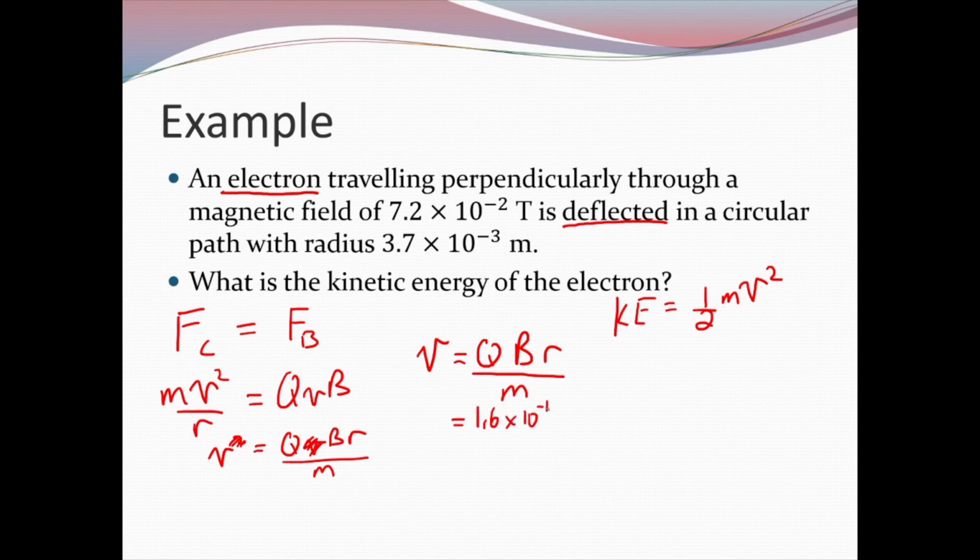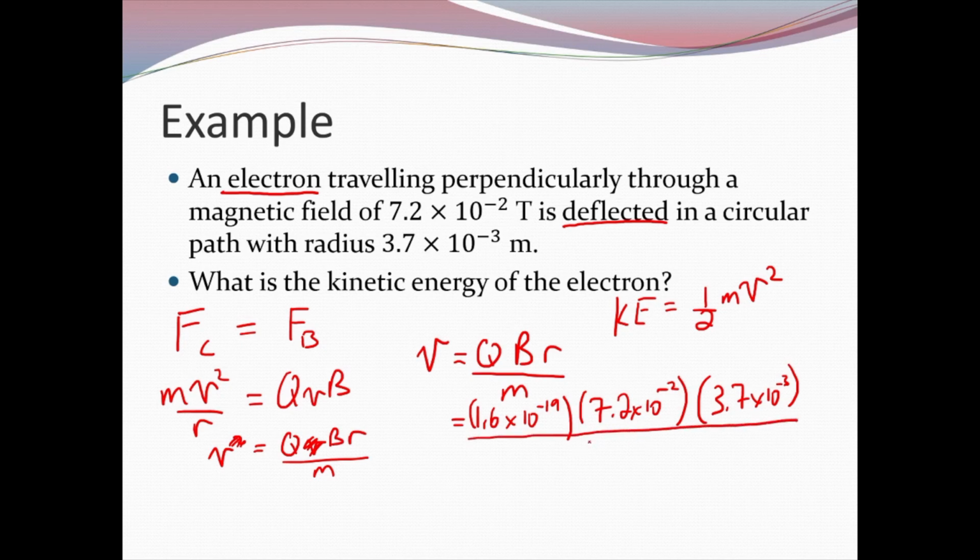So the charge is 1.6 times 10 to the negative 19. We have a magnetic field of 7.2 times 10 to the negative 2. Our radius is 3.7 times 10 to the negative 3, and the mass of the electron is 9.1 times 10 to the negative 31, I believe.